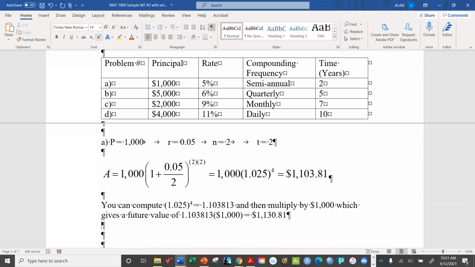That's one possibility: do this simplification. In other words, take the 1.025 and raise it to the 4th power. So you have 1103.81.